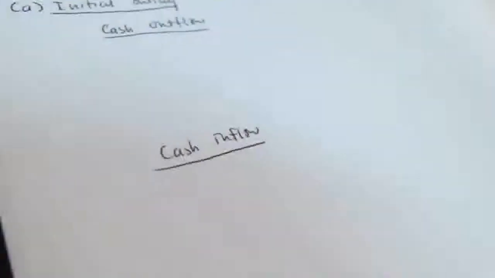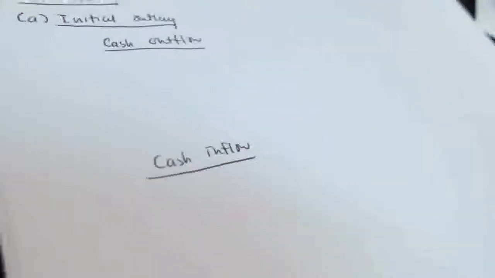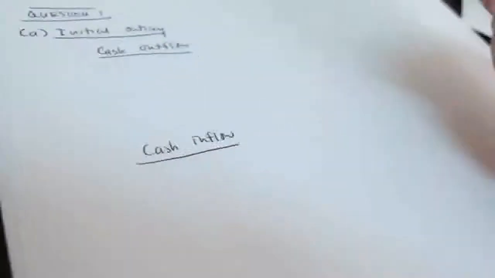How much we have to spend and how much are we getting back. So in this case, are we actually getting back anything? No, because we don't have an old machine to sell, so the cash inflow is basically 0. Okay, so you can actually slash this off.